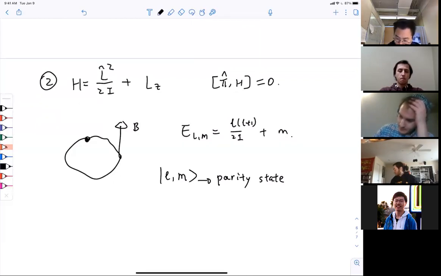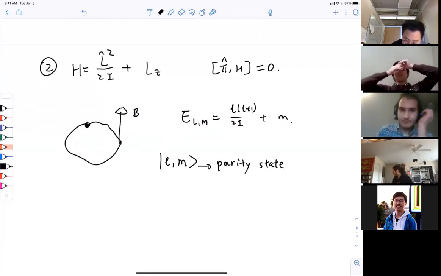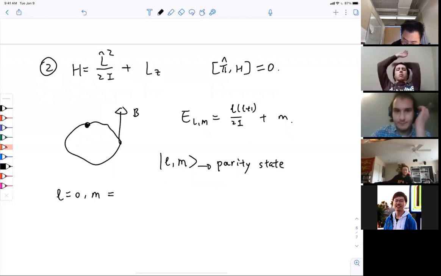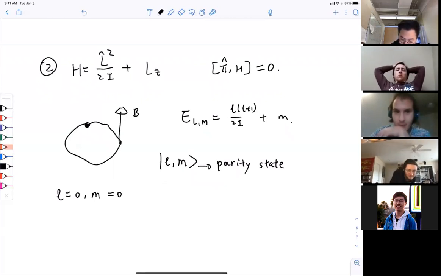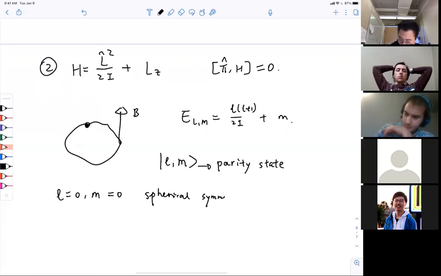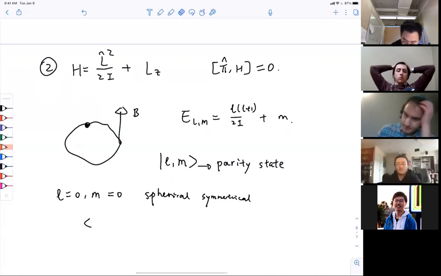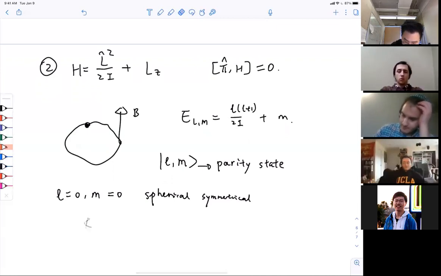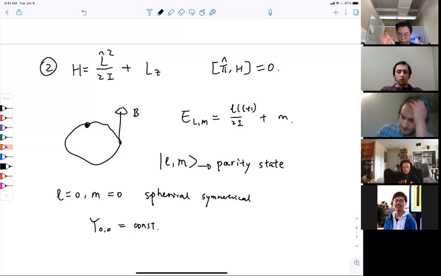This is also easy to see. For example, for L equals 0, M equals 0, basically corresponding to the S orbital, S wave, in this case it's a spherically symmetric wave function, because the Y00 is just a constant, meaning that in each direction the wave function is the same.